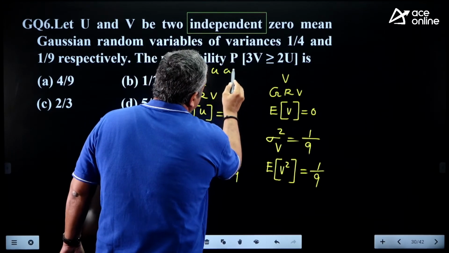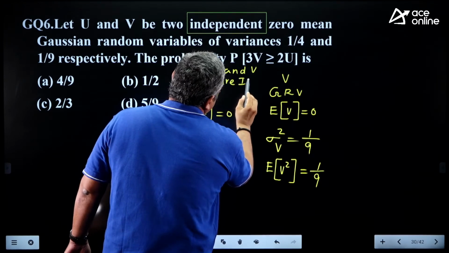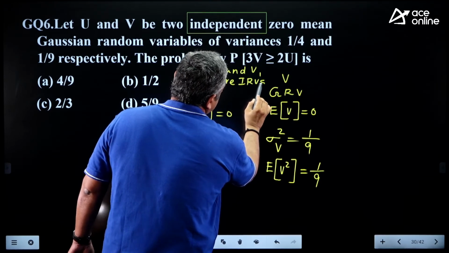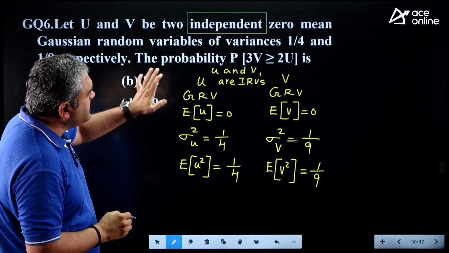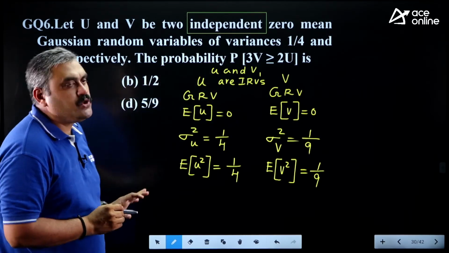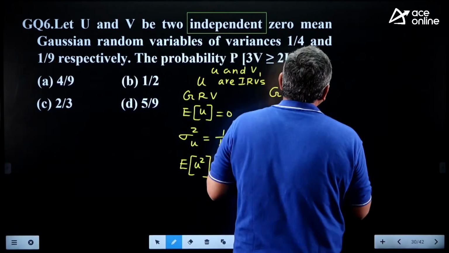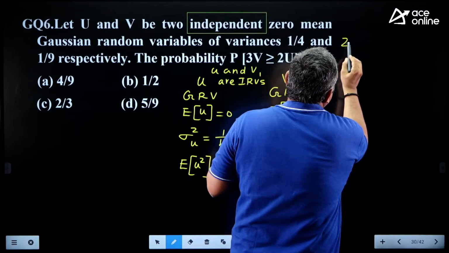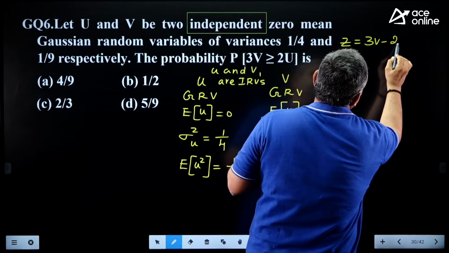U and v are independent random variables. That's all. Now see what he is asking. What is the probability of 3v is greater than or equal to 2u? See how intelligently he framed the question. So what I am doing here is, I will take z, which is nothing but 3v minus 2u.